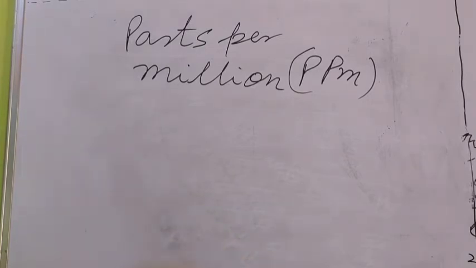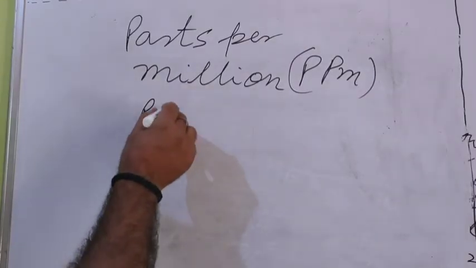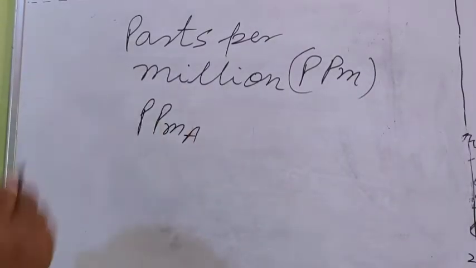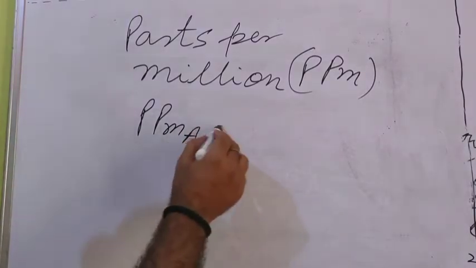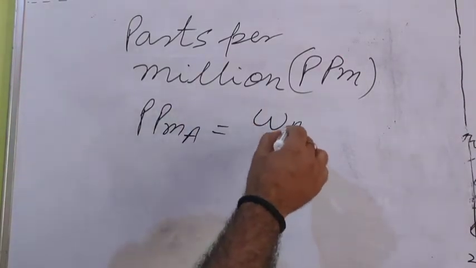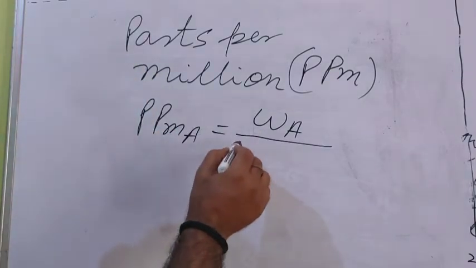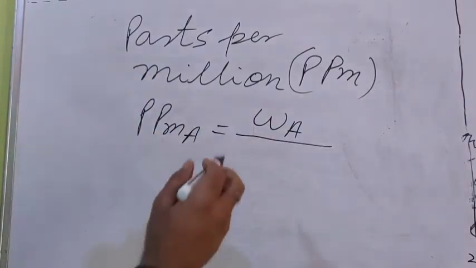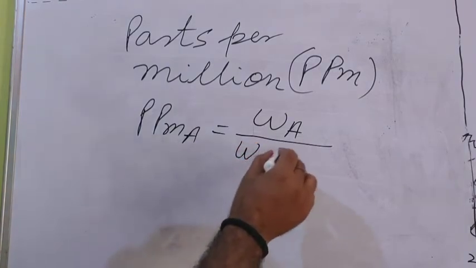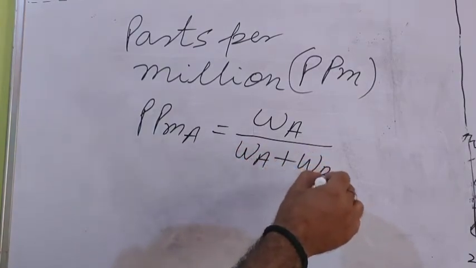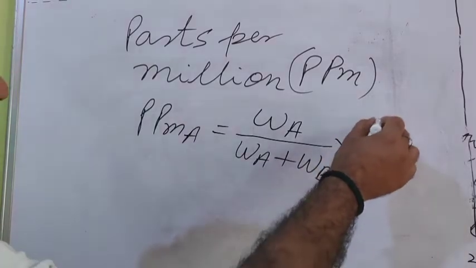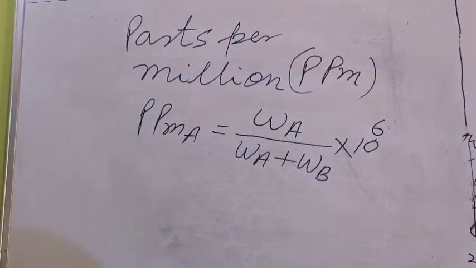So mathematically you can represent the parts per million for component A as equal to the mass of A upon the total mass of the solution. If you take the two components, that is WA upon WA plus WB into 10 to the power 6, parts per million being 10 to the power 6.